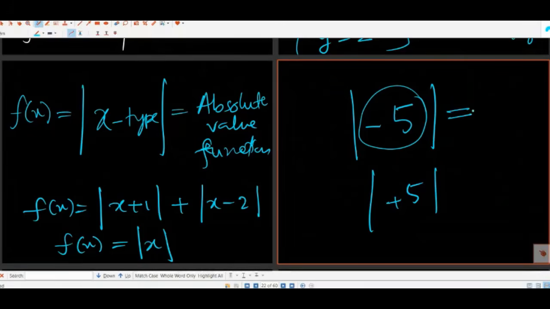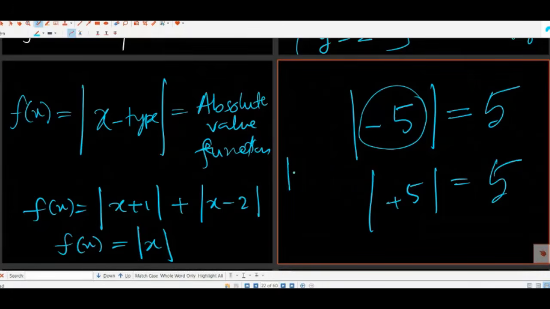So always the output will be positive. You know the property of absolute value function. So negative 5 with absolute value will give us positive 5. Absolute value of 5 will give us 5.